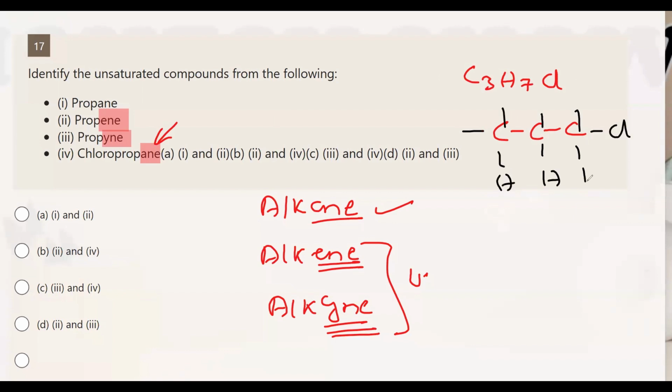Throughout, it has a single bond between carbon-carbon atoms, so it's going to be alkane again. So ene and yne, that is second and third. D is the correct answer in this case.